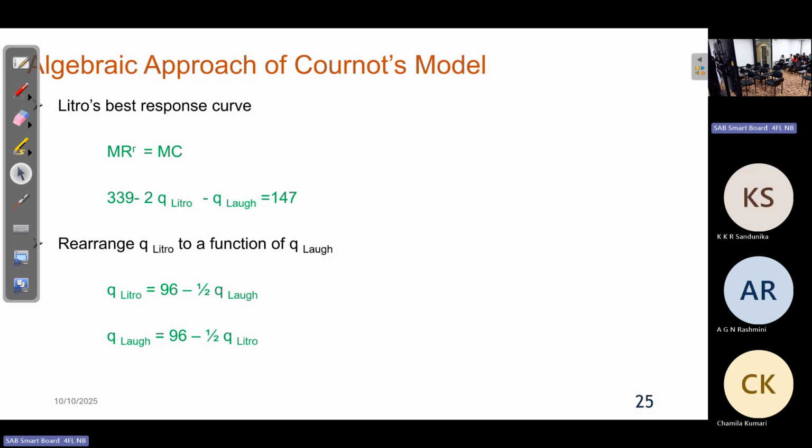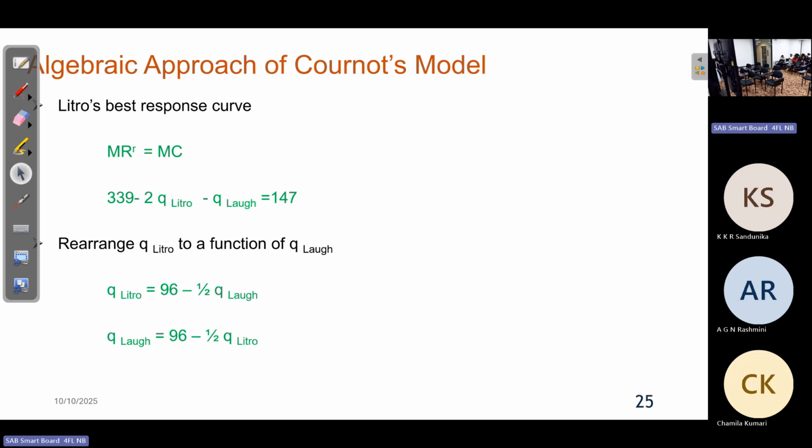Then we simplify and take the expression with respect to Q1, and we get 96 minus half Q2. This we call firm 1's best response function.